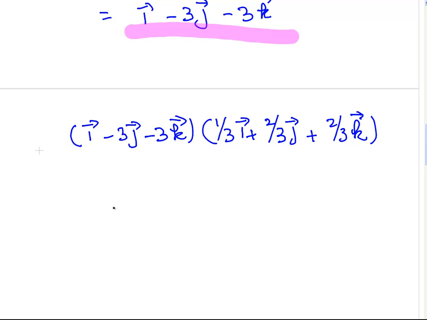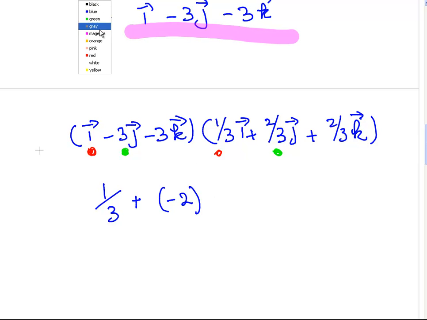And what have we got? Essentially just multiply out the pairwise components. So 1 times 1/3, that's 1/3, plus minus 3 times 2/3, that is minus 2.